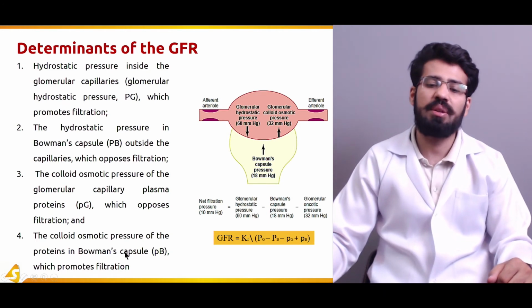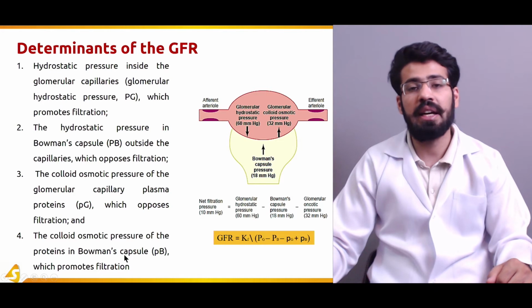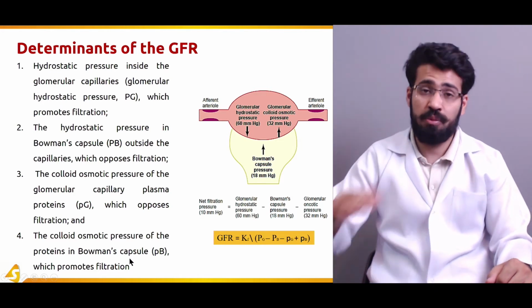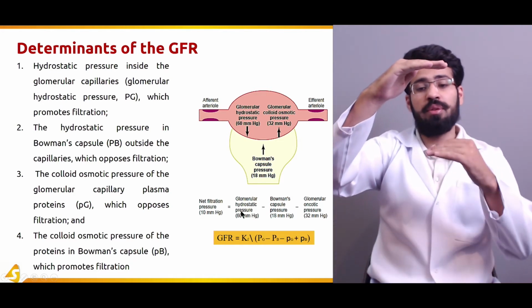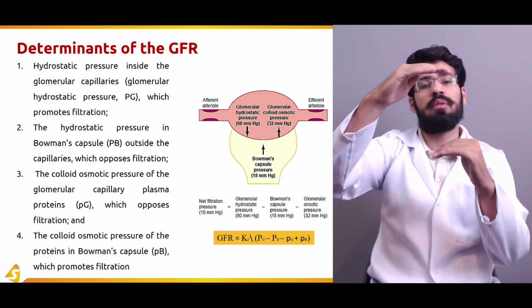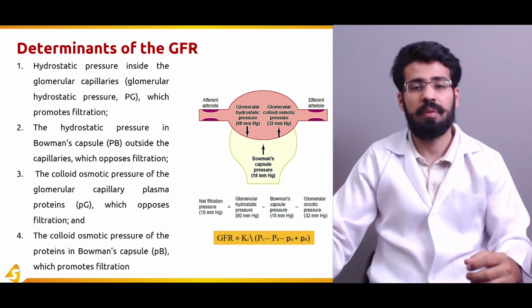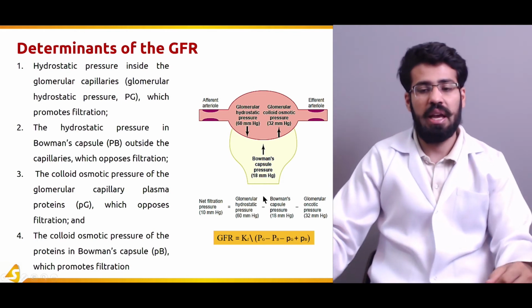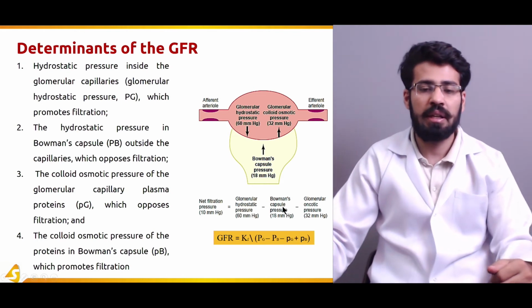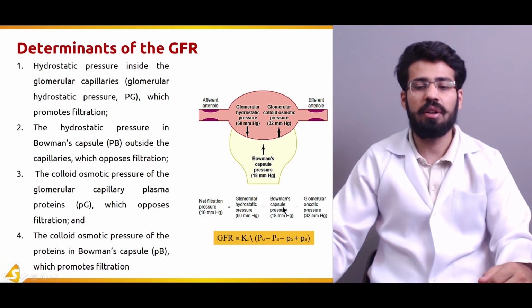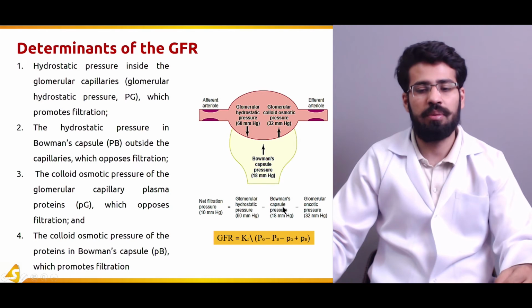So the net filtration will be the hydrostatic pressure of the glomerular capillaries, minus the hydrostatic pressure of the Bowman's capsule in order to get the net effect. And of course, you will also deduct the glomerular oncotic pressure, which is 32 millimeters of mercury.